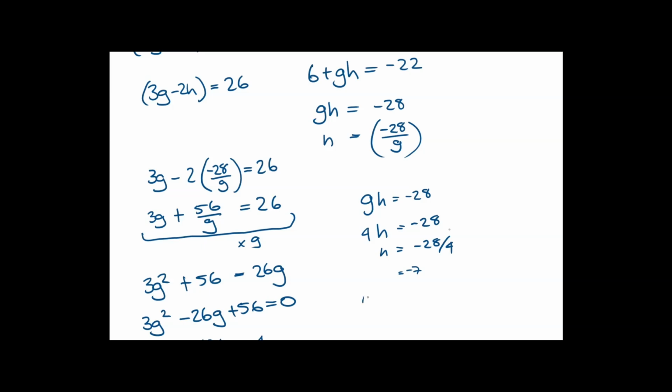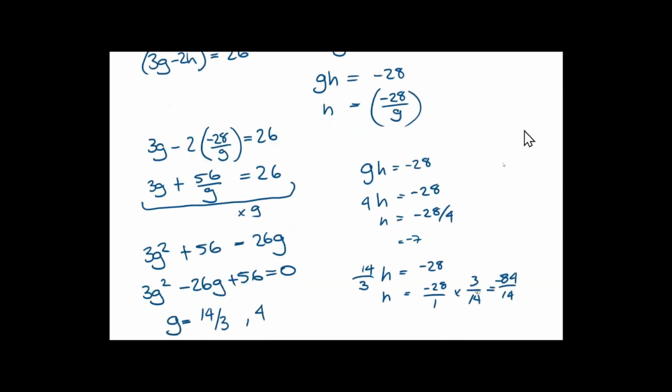Now let's do 14 over 3. h equals negative 28 times 3 over 14. 28 times 3 is 84, so negative 84 over 14. Don't think that's going to simplify.